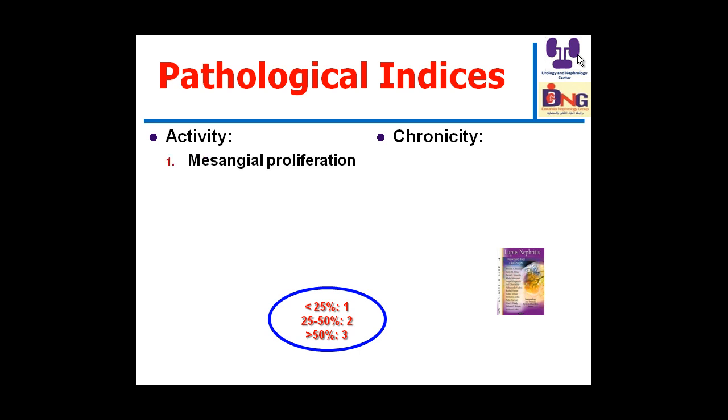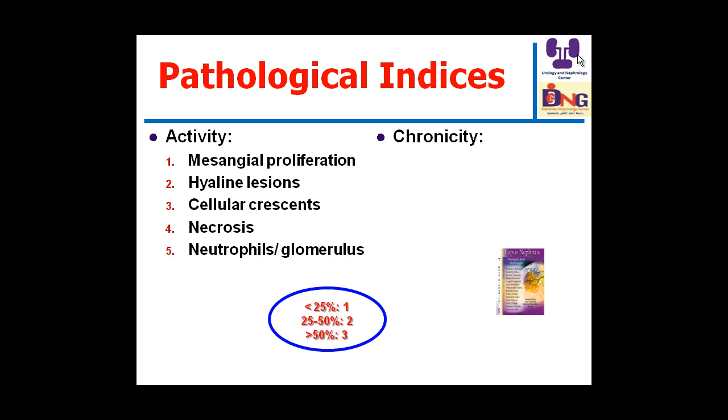Active lesions are mesangial proliferation, hyaline lesions, cellular crescents, necrosis, neutrophil infiltration in the glomerulus, and then interstitial inflammation. If you give the maximum score, then the activity index will be 18, but we know the activity index is from 24. How come? Because cellular crescents and necrosis are multiplied by 2, because they are the most important active lesions.